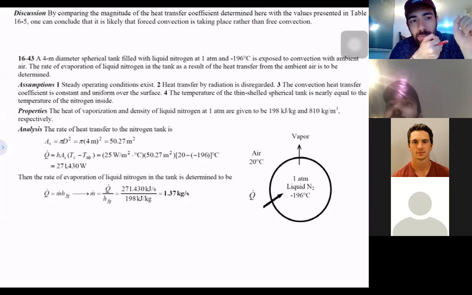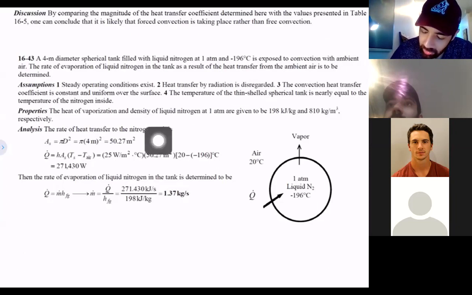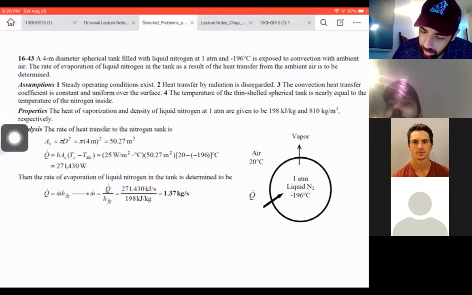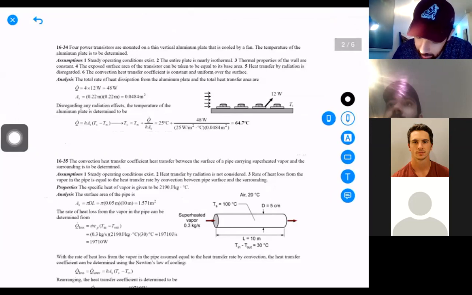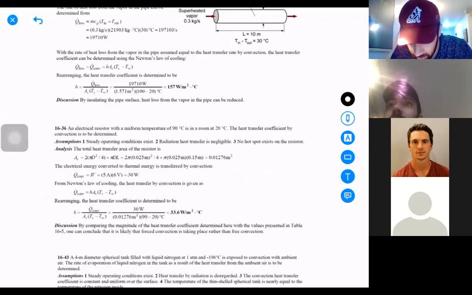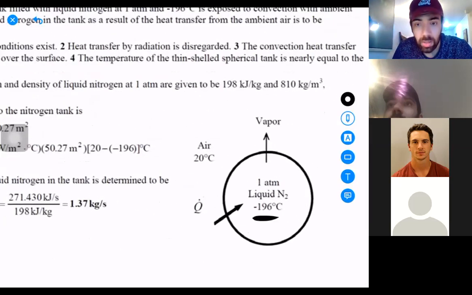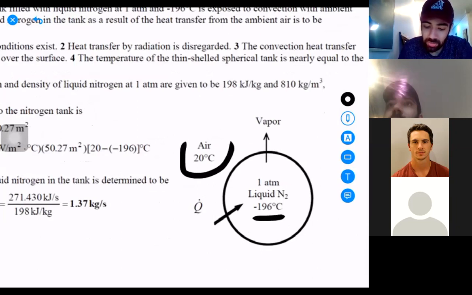That is really simple to know, because as you see, the temperature of the nitrogen is specified at minus 196. The nitrogen is kept at minus 196 degrees Celsius, and the outer air is equal to 20 degrees Celsius.